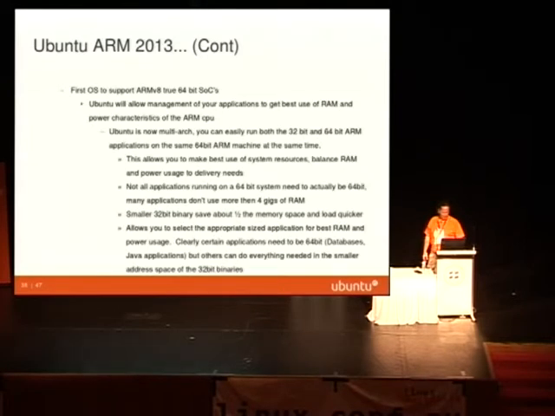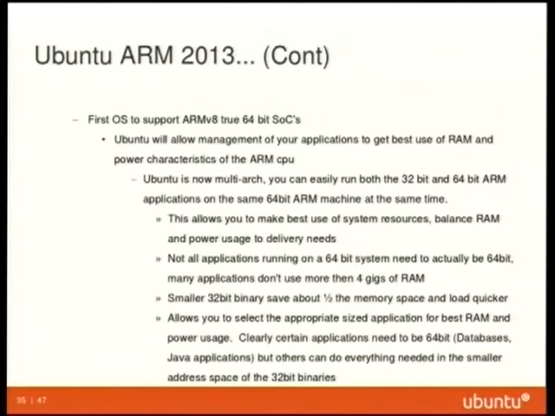And I'm running out of time, so I'm going to keep zipping through. We're going to try to make the best use of RAM. I mentioned that we'll do, with Multi Arch, we'll be able to do a 64-bit kernel, do a 32-bit user space where it makes sense, add support for 64-bit user space or a mixed user space depending on what you're running, and we'll have that fully supported.